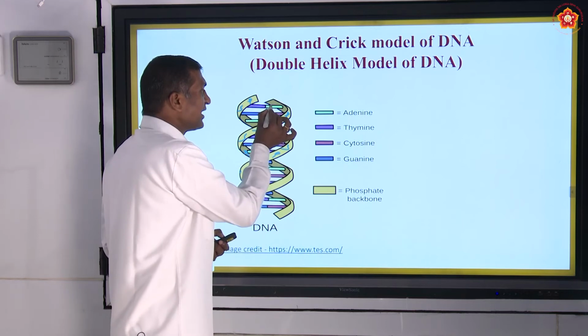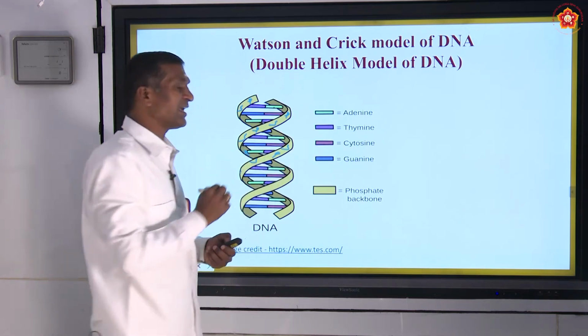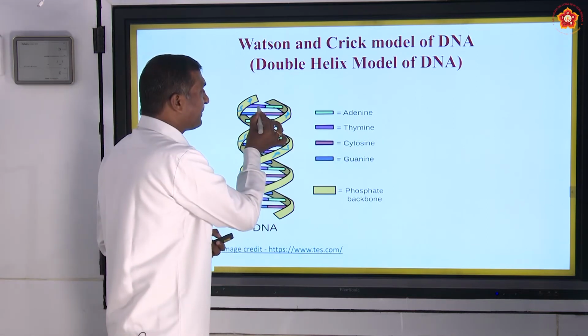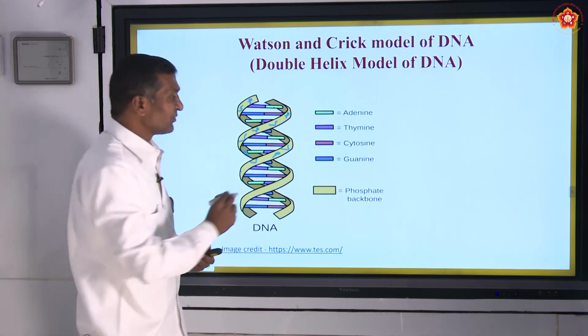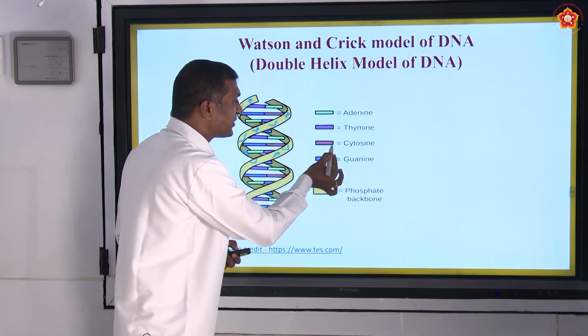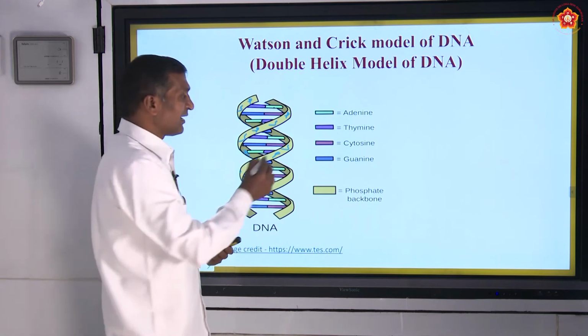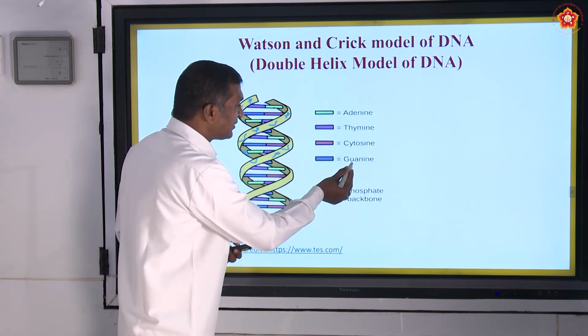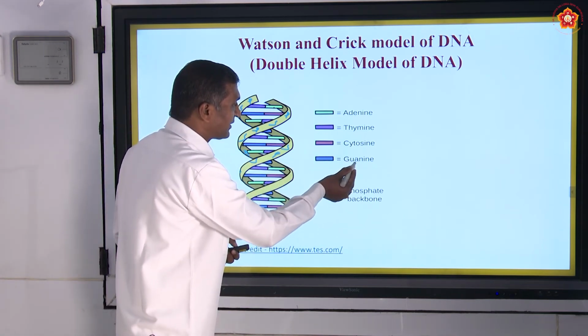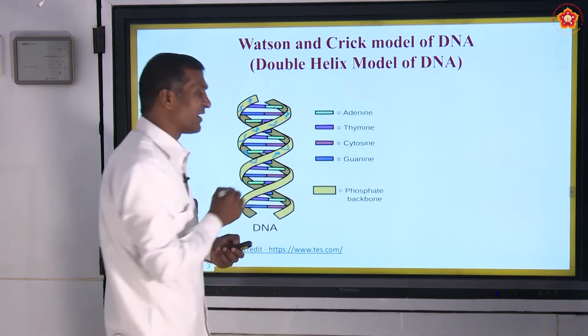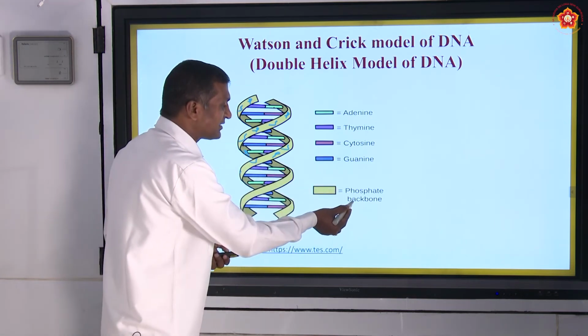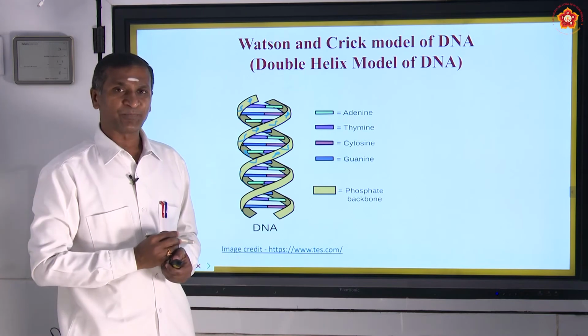You can observe green color adenine and purple color thymine. Then you have the light maroon color cytosine, and the purple color, for your kind information, guanine, and the phosphate is the backbone.